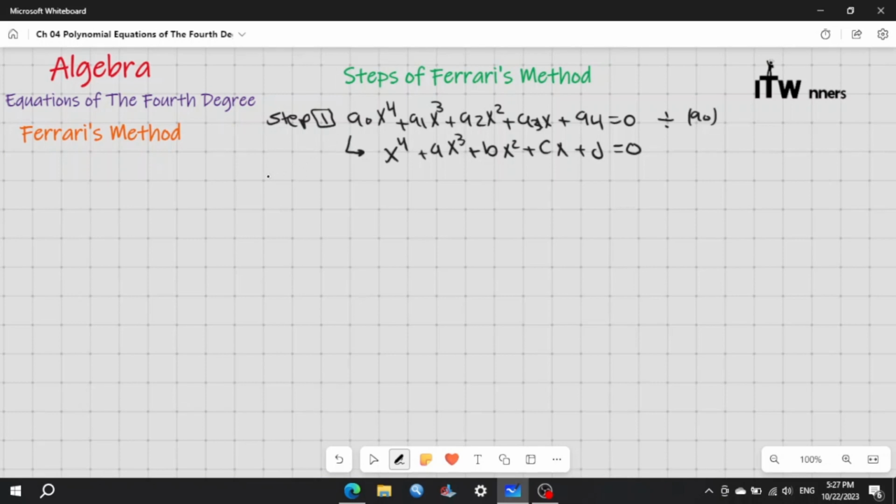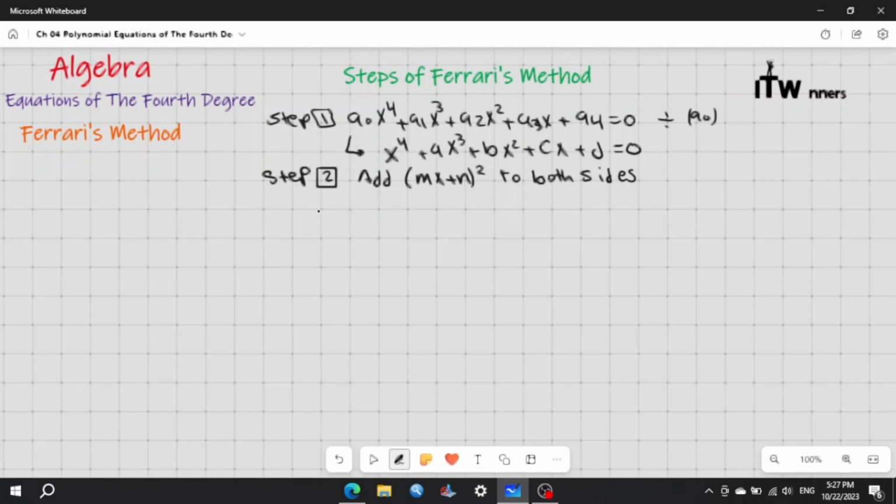Okay, next step, step 2, is just to add the value of (mx plus n) squared to both sides of the equation.